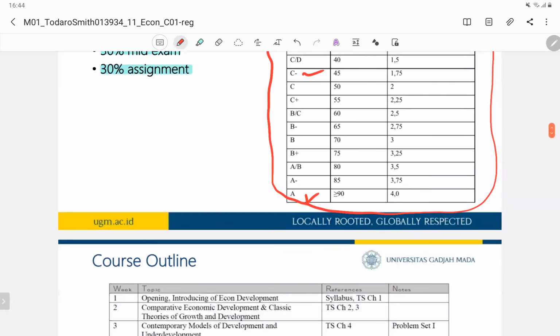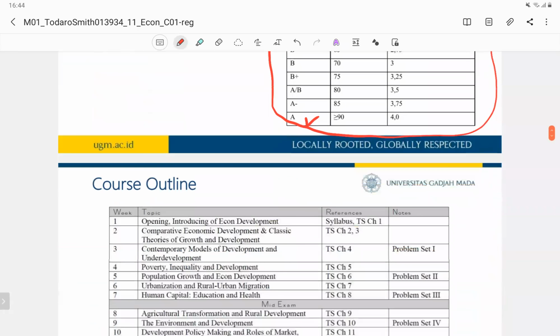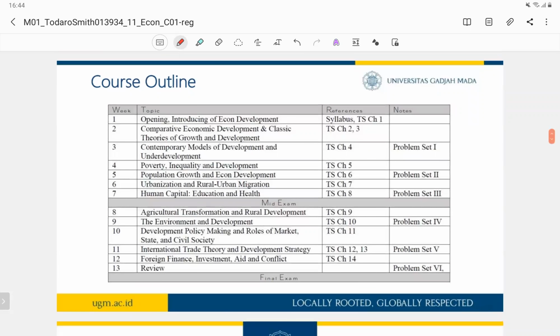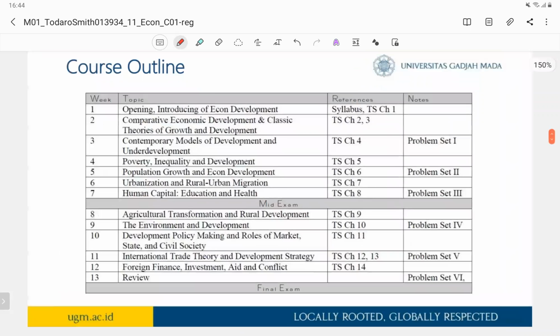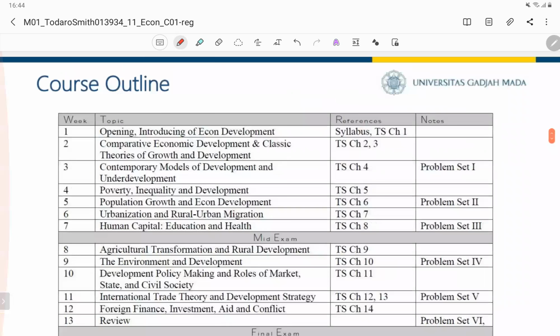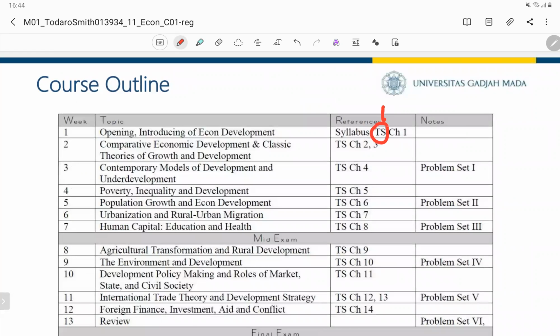And then this is the course outline. So we will have at least 13 meetings, I guess. This is the outline. So you can see that, sorry, I haven't told you what this TS is. What I mean by TS here is Todaro Smith, our main textbook.